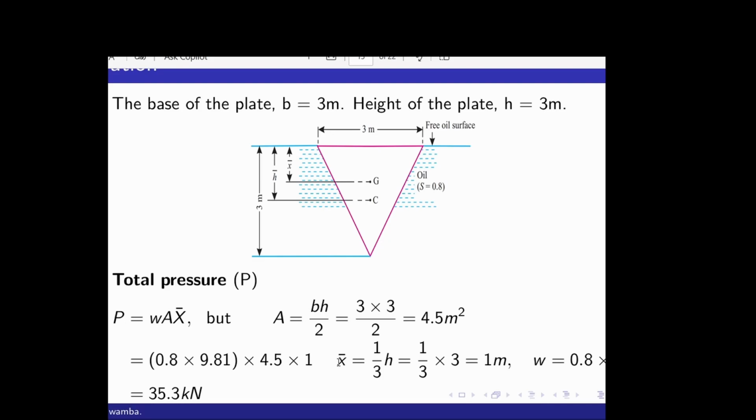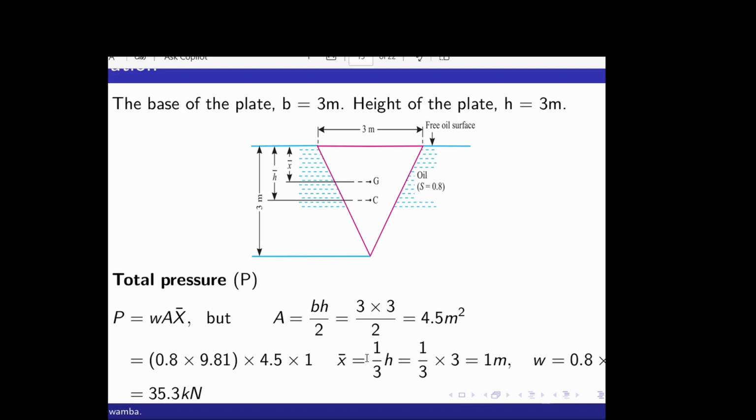On the table, we're saying that x bar is h over 3. If you follow this one saying 1 over 3 multiplied by 3 again, the 3 is for the height. Yes, the 3 is for the height.